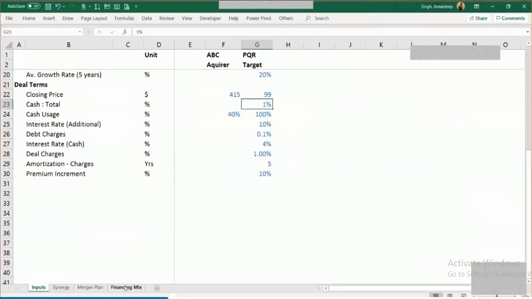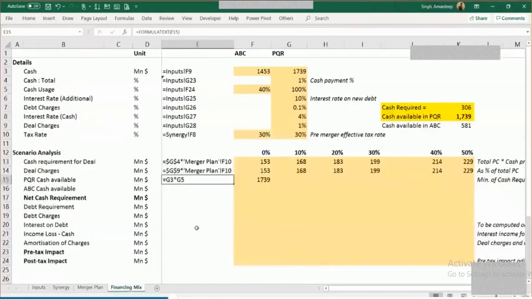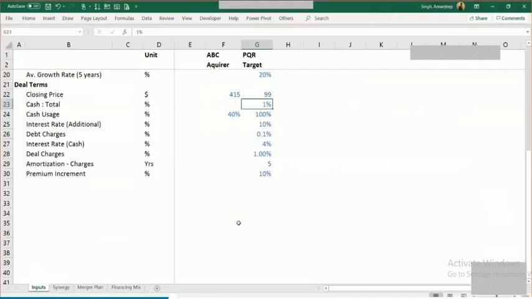Now what will happen? In that case, you need only 306 because 153 to be paid to the shareholders of PQR plus 153 to be given to the investment banker. Let's say you decide that not 1%, let's say I'm going to pay them 5% cash. Now what's going to happen?